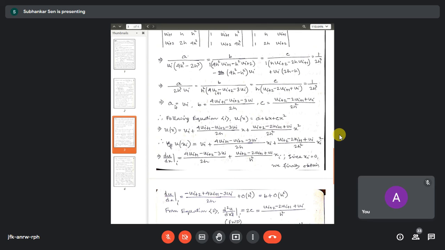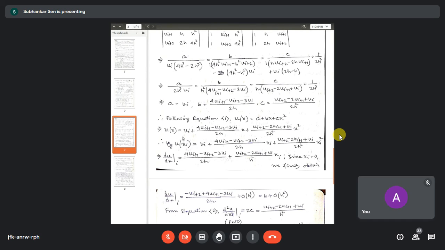Now, these expressions for A, B, and C, we can put into the polynomial formula. So this is the polynomial Ux, this is the parabola. So we are putting in the values of A, B, and C. Okay. So finally we can find out, at any point xi, the local value of the variable.